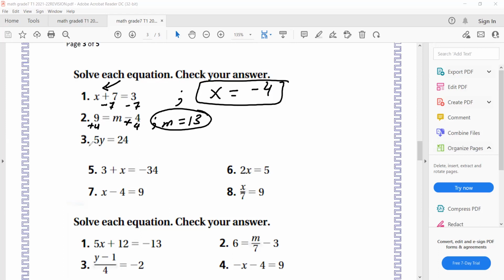How can I solve it, my dear? We will do 5 here and also 5 here. Divide.